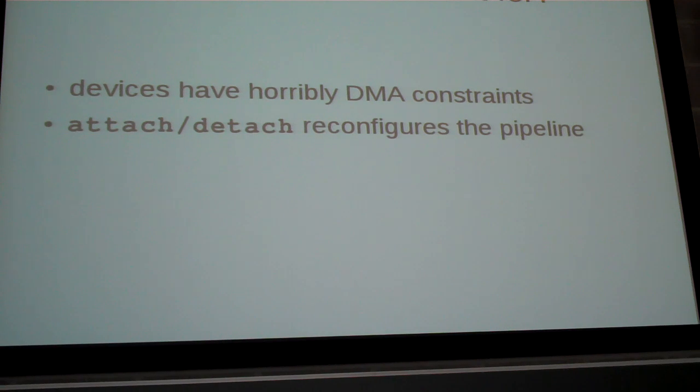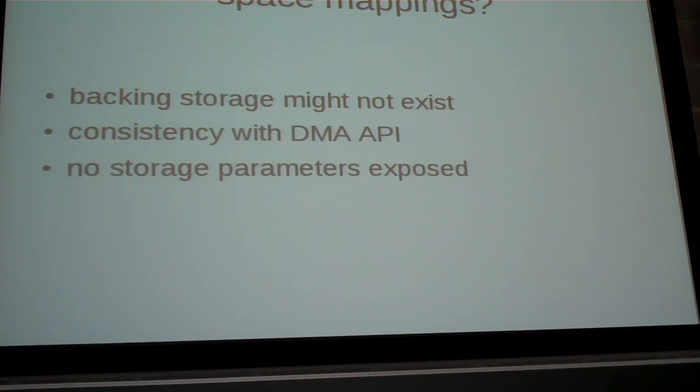The last thing, which is kind of special, is the mapping and unmapping is in the device address space. So the CPU can't actually access a Dma-Buf on the importing side. And there are a few reasons for that. One is backing storage might actually not really exist in a traditional sense.